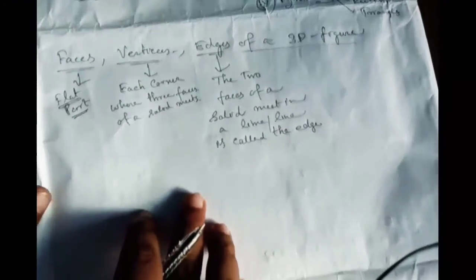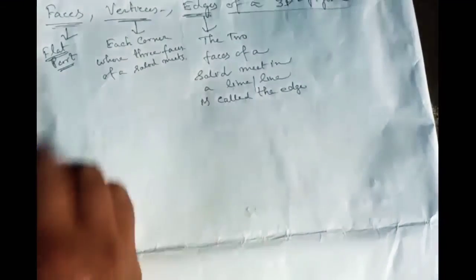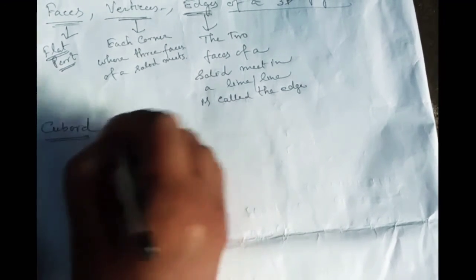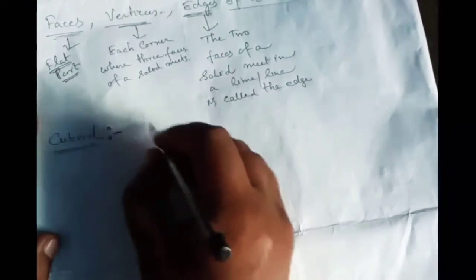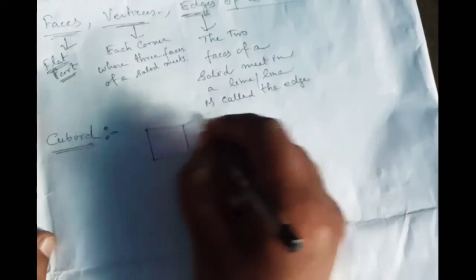Now we have to discuss the faces, vertices and edges of some three-dimensional figures. So first come to cuboid. It is already given in the book. Now if we draw a figure of a cuboid, it looks like this.